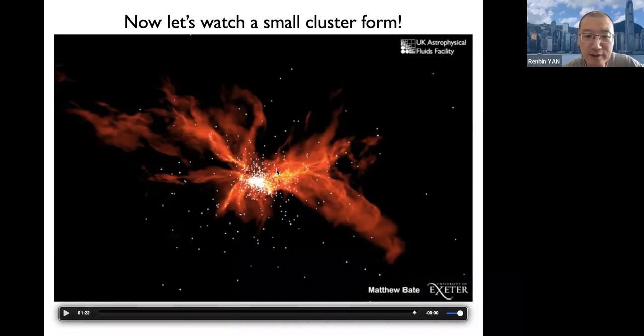Just think about how big the solar system is compared to the size of the sun. The sun is very small compared to the solar system, right? So even in a cluster where the density of stars is much higher, it is still pretty difficult for stars to collide. So it's still very rare.